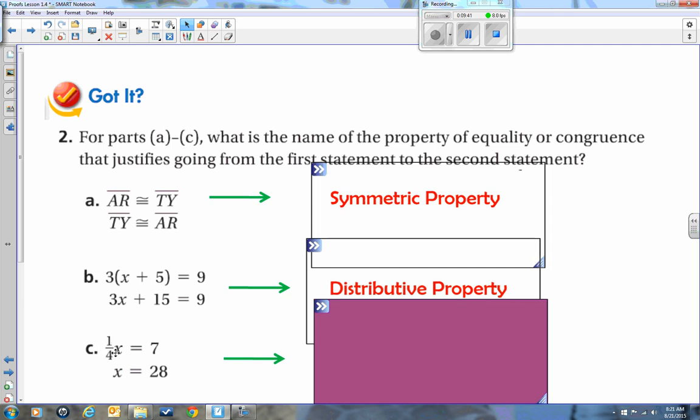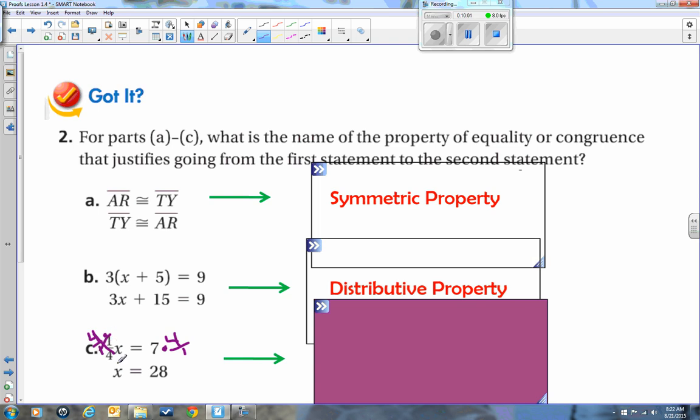How do I get rid of this 1/4 so I can get x? Well, if I multiply both sides by 4/1, the reciprocal of this 1/4, they will cancel out.